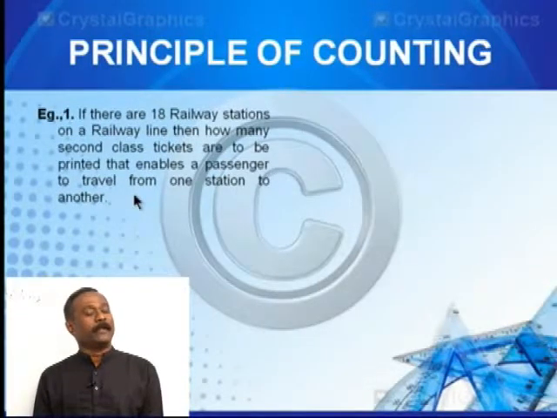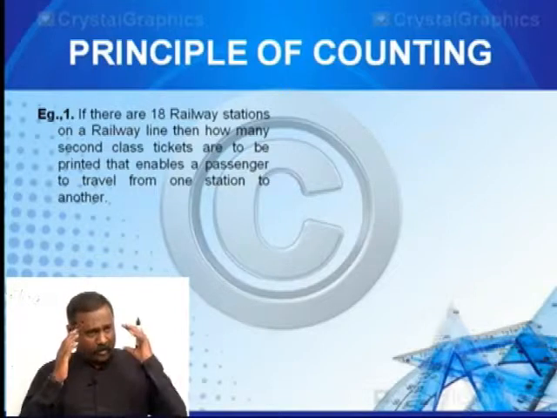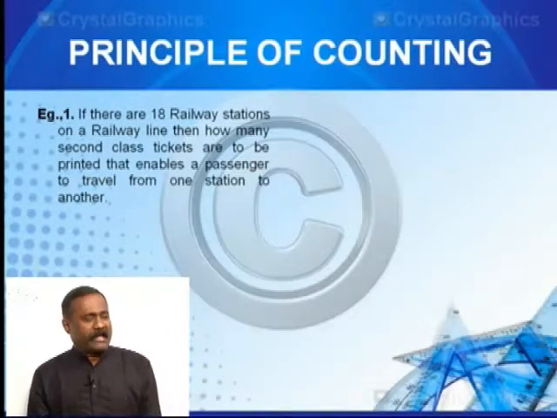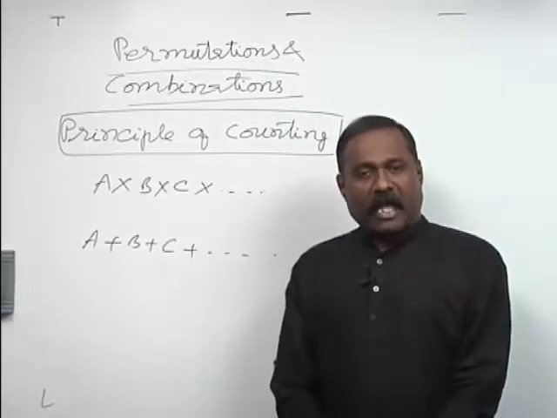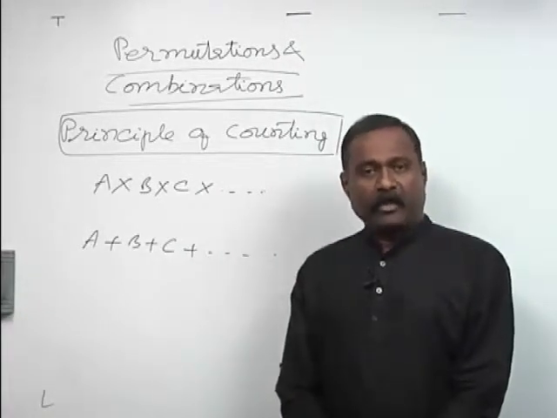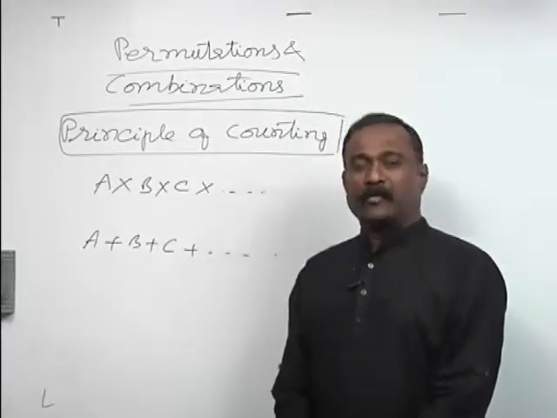If you go through the problem carefully, the general thinking you must have is this. If you go to the railway station and take a railway ticket, for example, you are traveling from Hyderabad to Nagpur, you'll go to the counter and ask for a ticket.